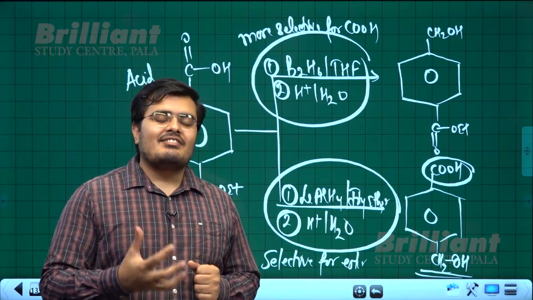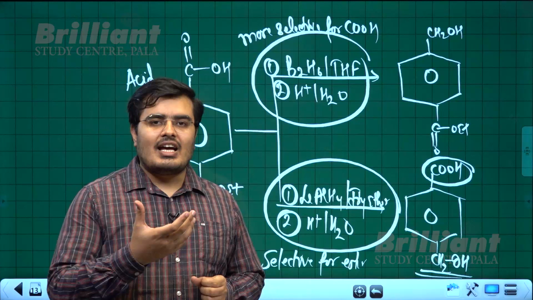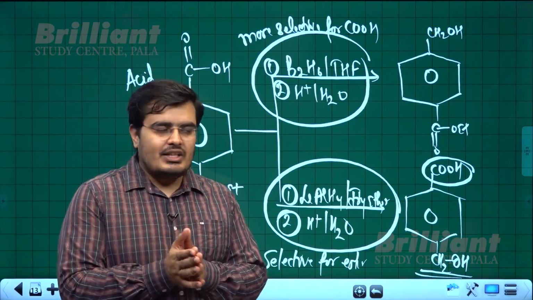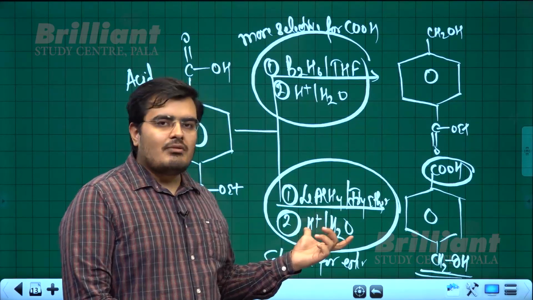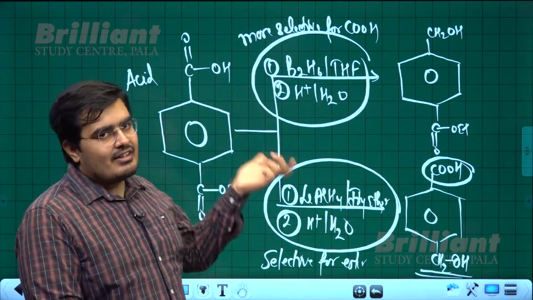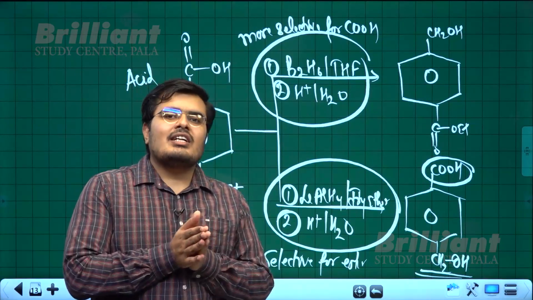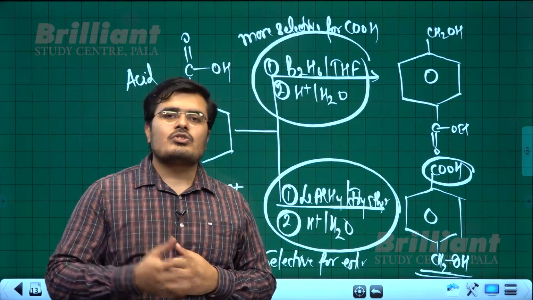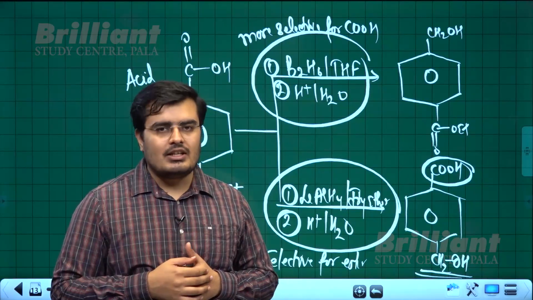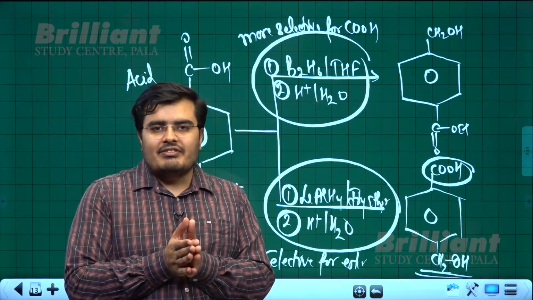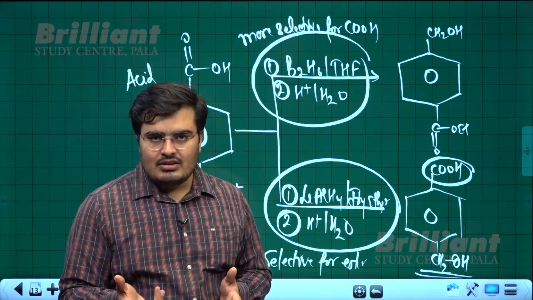What chemoselectivity actually means is, when you have a particular reducing agent, the lithium aluminium hydride can reduce ester, can reduce acid also, but the time that it will take to reduce both of them will be different based on their reactivity towards this particular reagent.